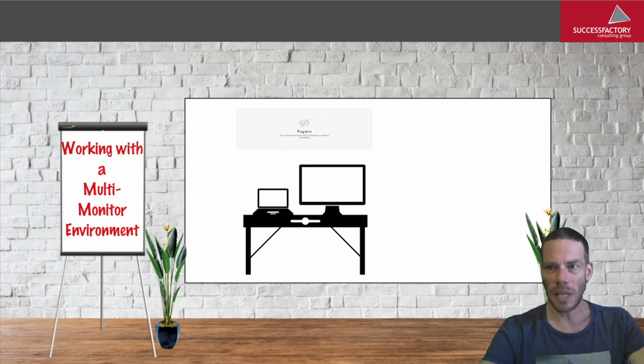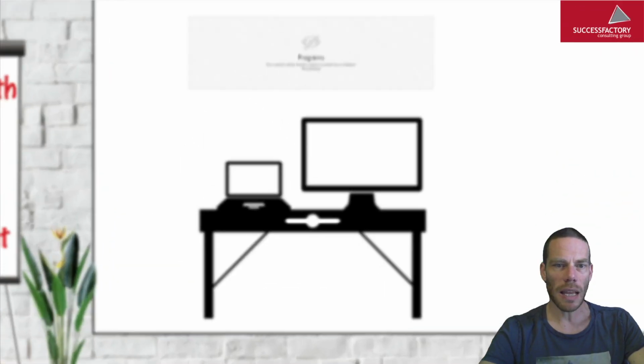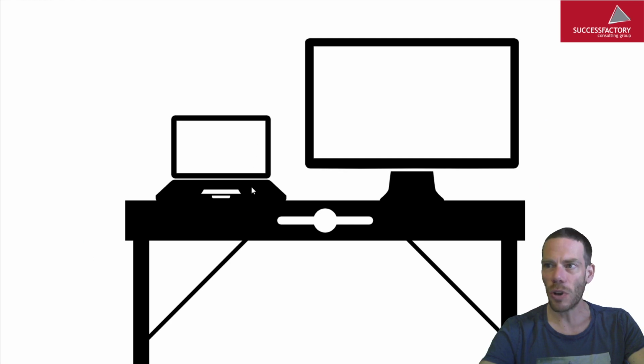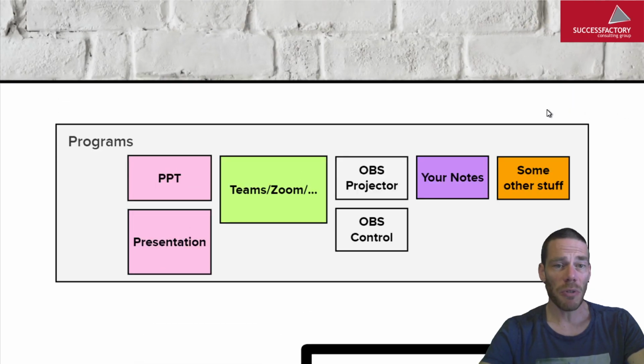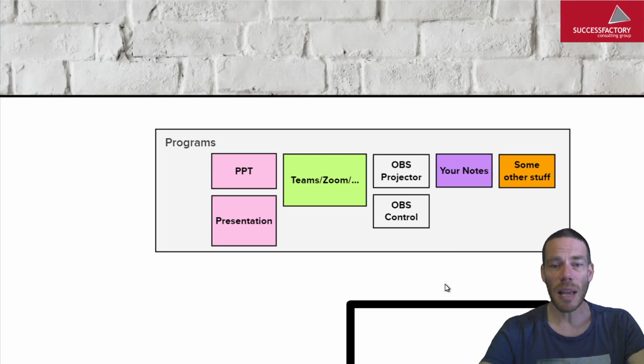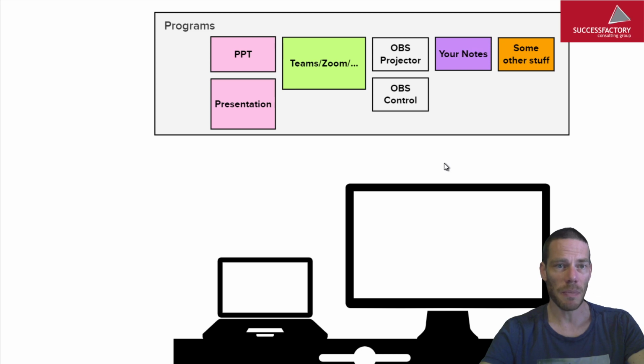So probably you will have something like, I would say, a notebook on your table and maybe an external monitor. I think this is the minimum scenario. But in that case, you will pretty soon run into one particular problem: you're going to work with different programs and you need to arrange these programs somehow on your two displays.